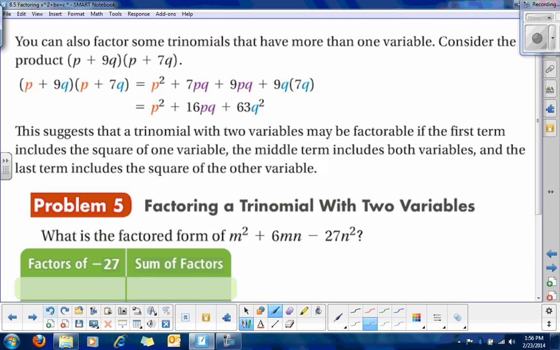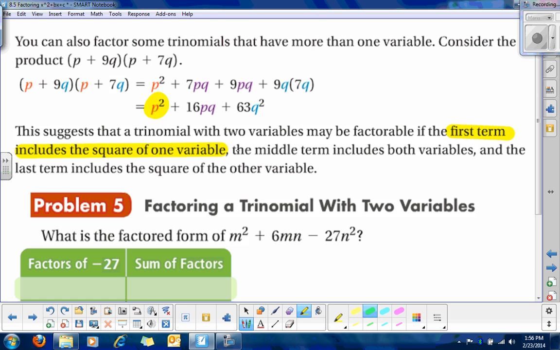Now when you look at this, this suggests that a trinomial with two variables may be factorable if the first term includes the square of one of the variables. So let's see, there's my first term. I have p's and q's. There's my first term, p squared.